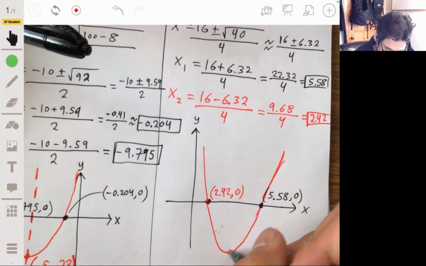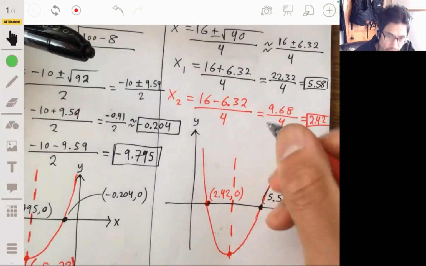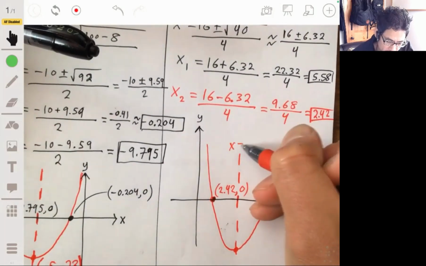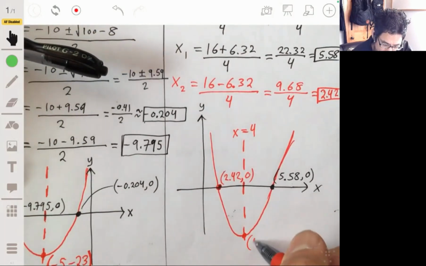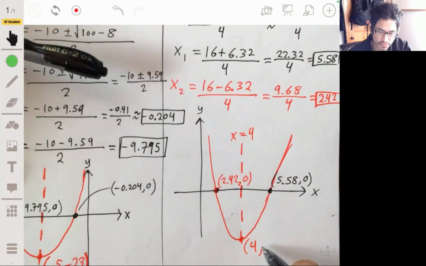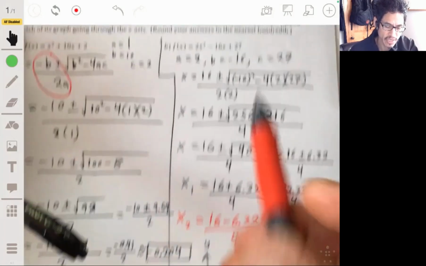So we know that the vertex has an x value of 4. Remember, this line of symmetry is the line x equals 4. That goes through the middle of the parabola and through the vertex. So 4 comma, find the y value. I plug in the 4 into here.